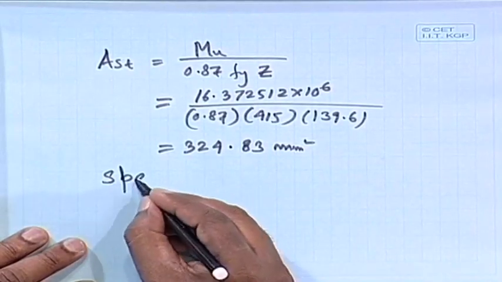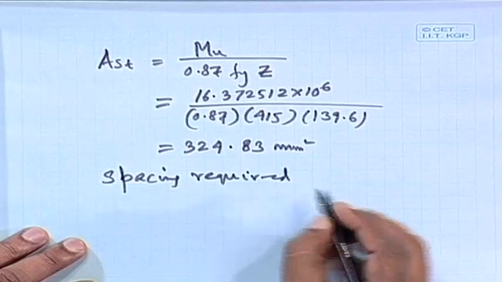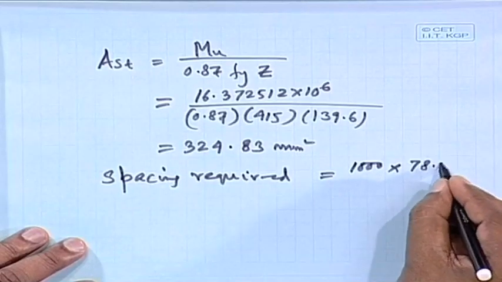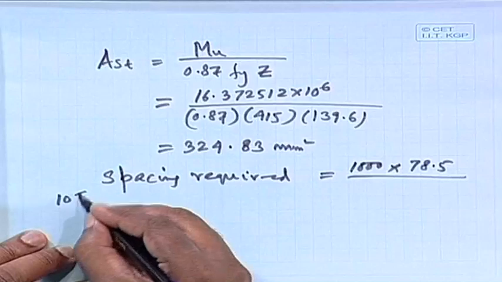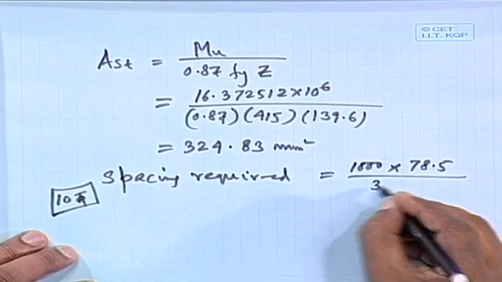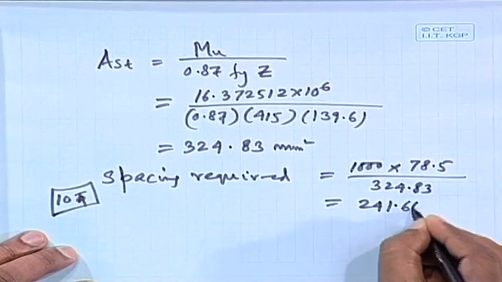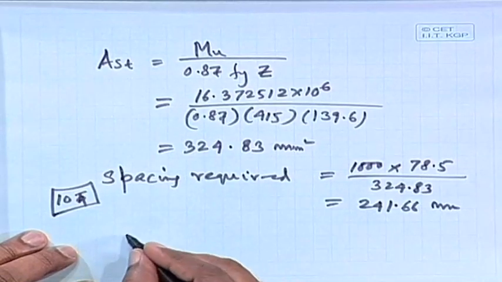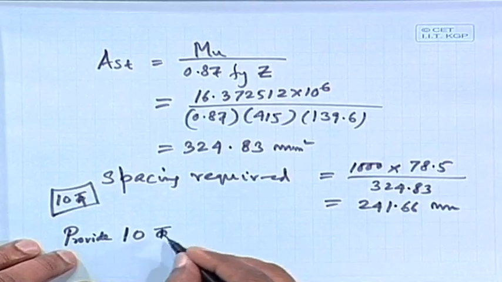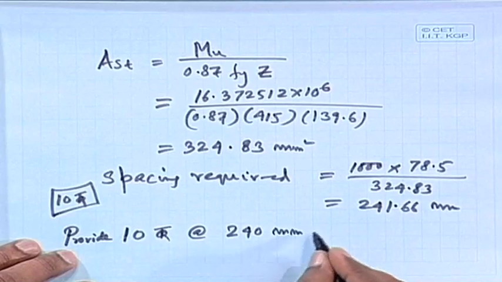So, spacing required equals 1000 times 78.5, I am using 10 torr, so 78.5 divided by 324.83 comes as 241.66 millimeter. Let us provide 10 torr at the rate of 240 millimeter center to center.